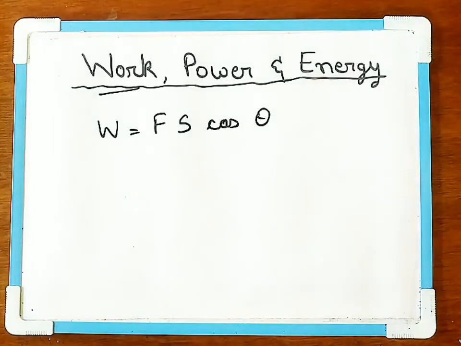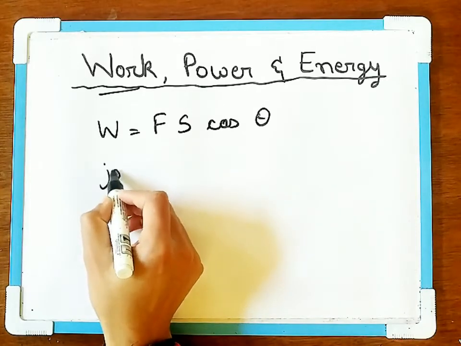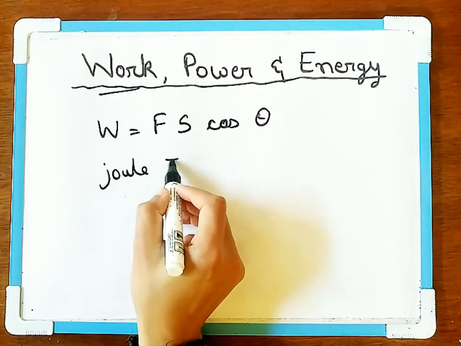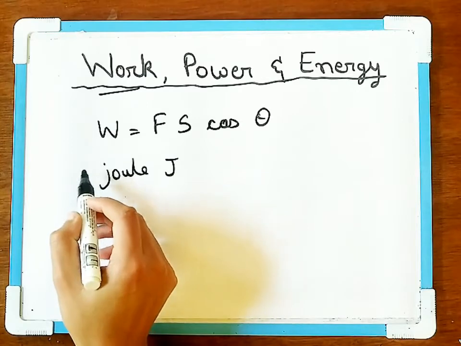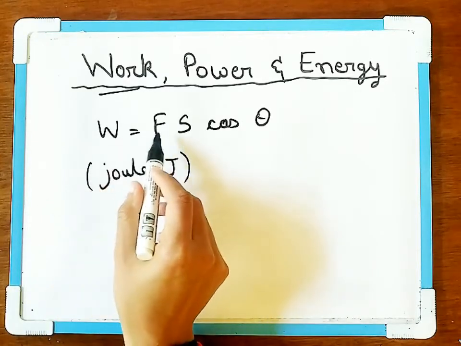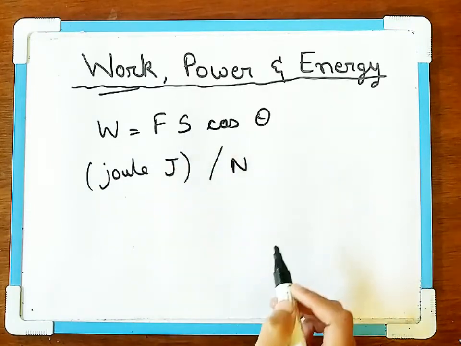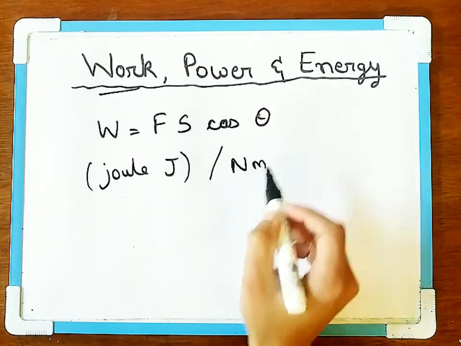So this is the work done, Fs cos theta, and the SI unit of work done is joules, denoted by capital J. From the formula, the SI unit of force is Newton, and the SI unit of displacement is meter.